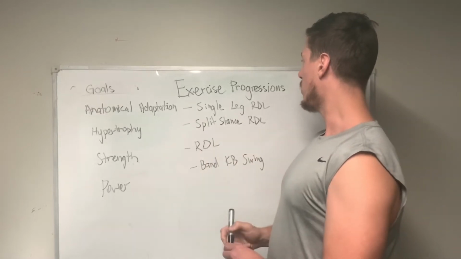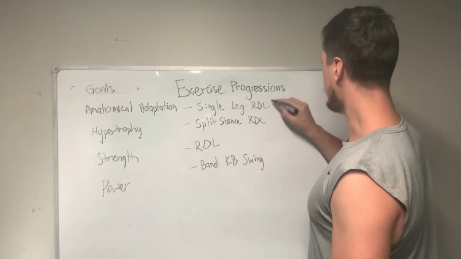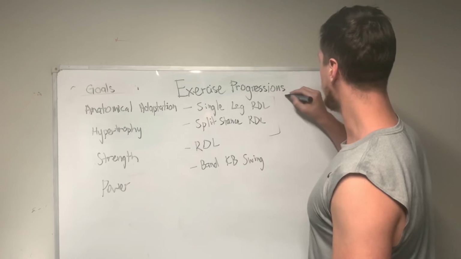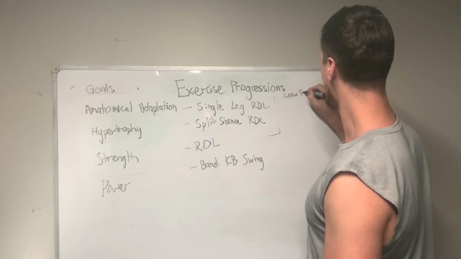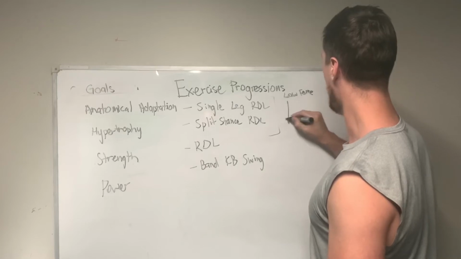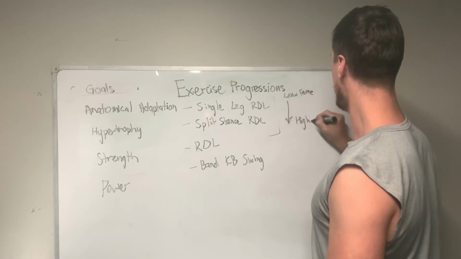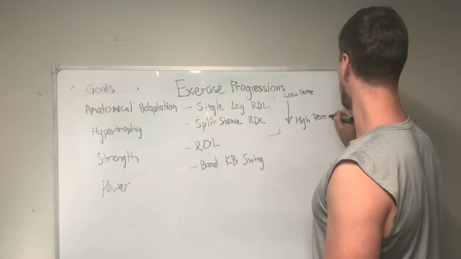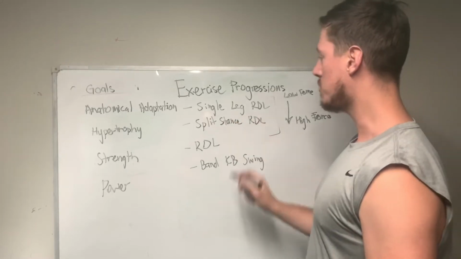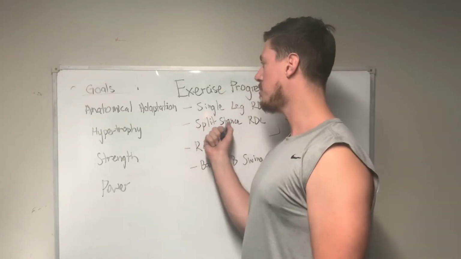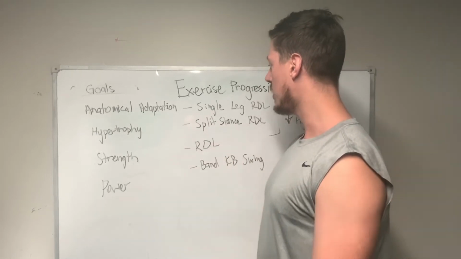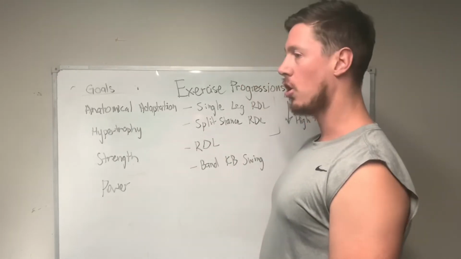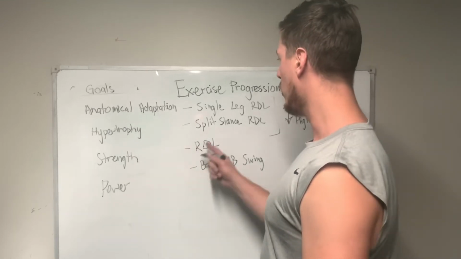If you look at these three exercises, we're going from low force to high force. With the split stance RDL, you can work the 8 to 12 rep range and you're working on hypertrophy. In your next progression, you can do a double leg RDL, where the reps are lower again, so we're producing more force.